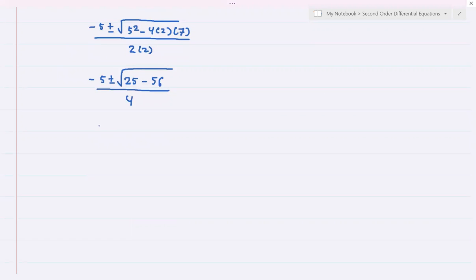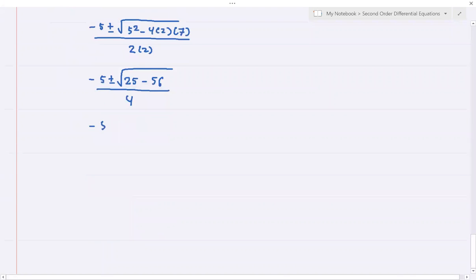If you keep simplifying further, we will have negative 5 plus or minus the square root of negative 31, all over 4. As you can see, this is obviously an imaginary result.